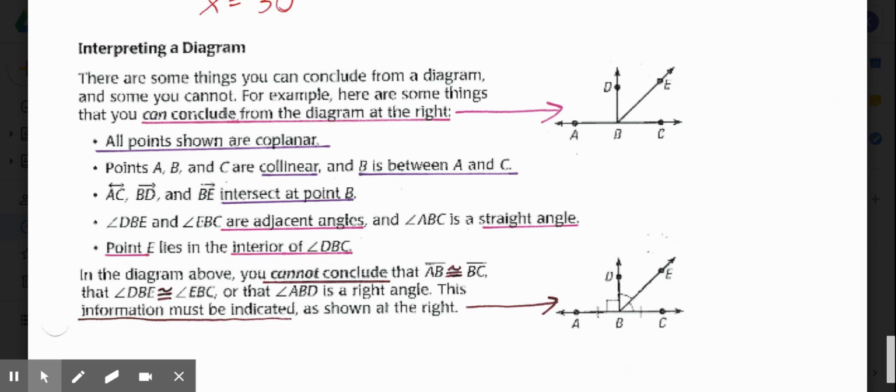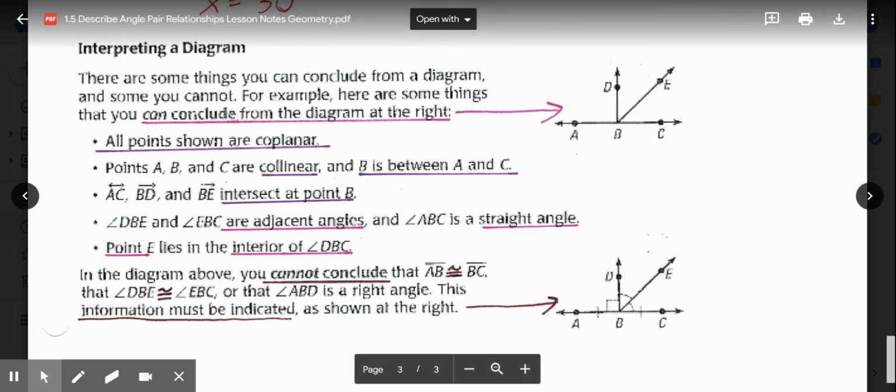And then we also have point E lying on the interior of angle DBC. So angle DBC, point E here would be considered on the interior.